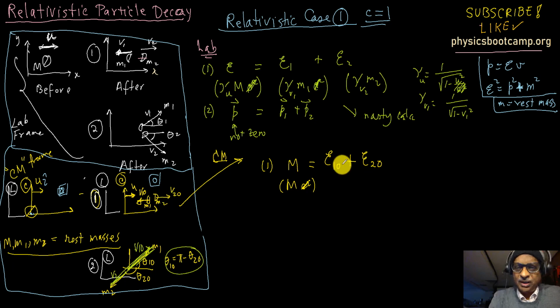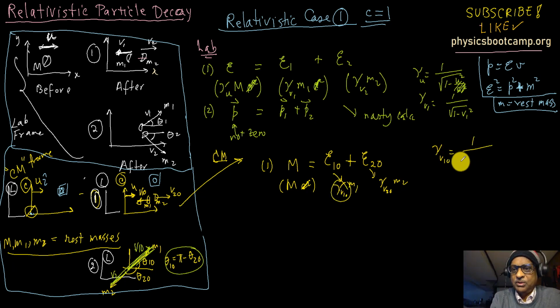Now if you were to say what this is equal to, this is going to be gamma of V10, which we don't know, times M1, and this will be gamma of V20 times M2. So this guy has gamma of V10 equal to 1 over the square root of 1 minus V10 squared.